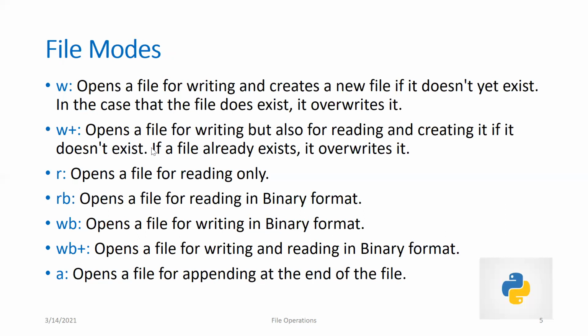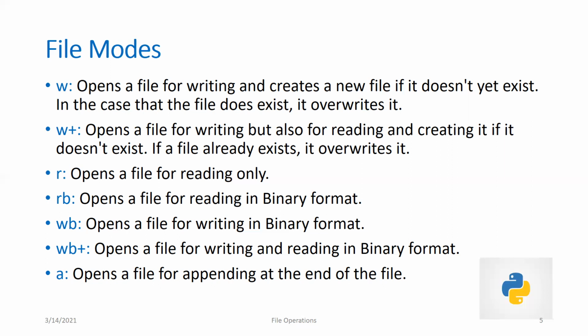When we watch the commands, we will see that there is a mode option in the statement. This parameter selects which mode of the file we are doing operations on.